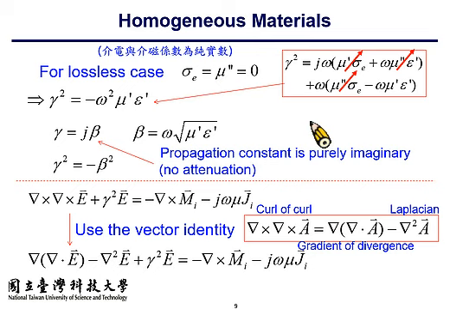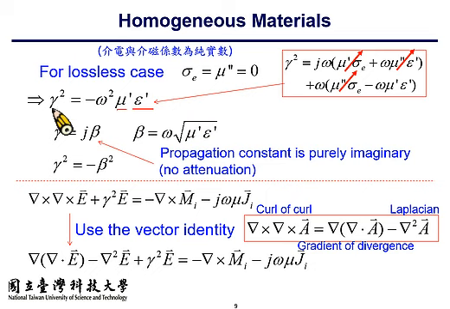Then the square of the propagation constant gamma can be greatly simplified because sigma e goes to 0 and mu double prime goes to 0, so these 3 terms all go to 0. You end up with the only term being minus omega squared times mu prime times epsilon prime. They are not related to attenuation.